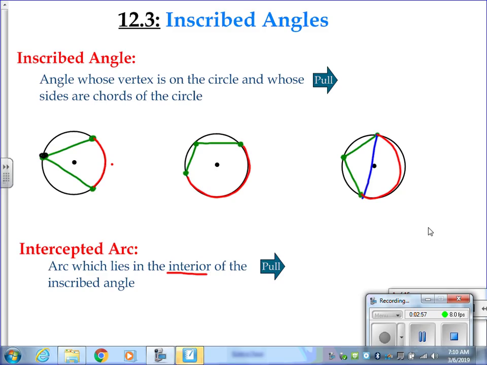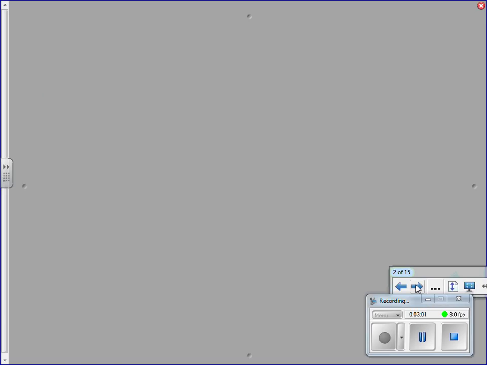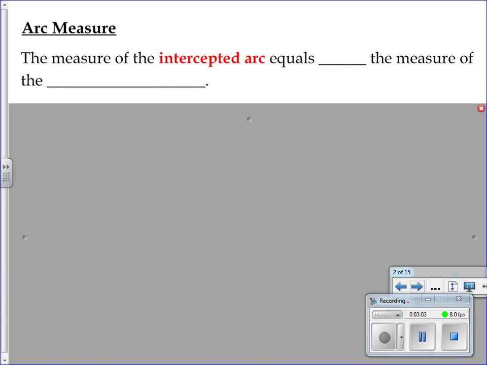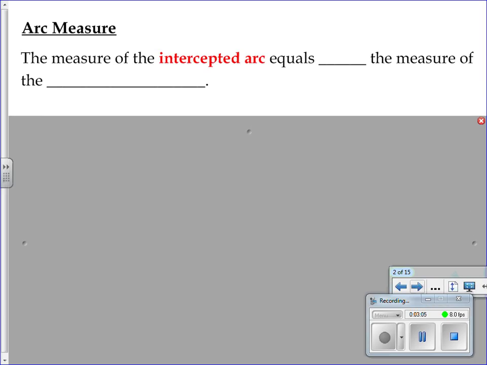So let's talk about how you find the measure of those arcs. Yesterday we talked about how when you have a central angle, the measure of the minor arc equals the measure of the angle. This time it's different. The measure of the intercepted arc will equal twice, or two times, the measure of the inscribed angle.